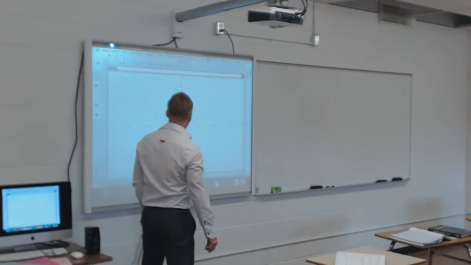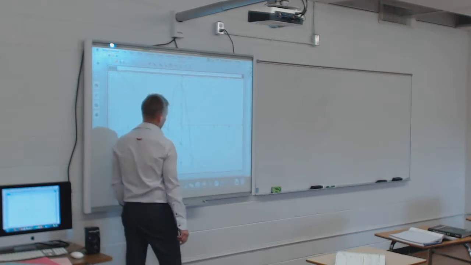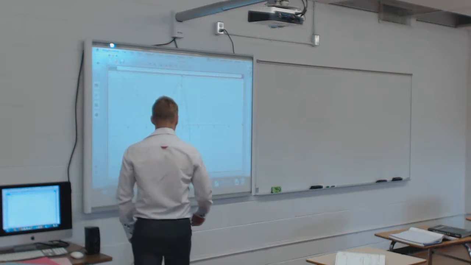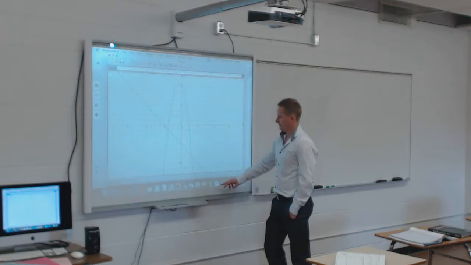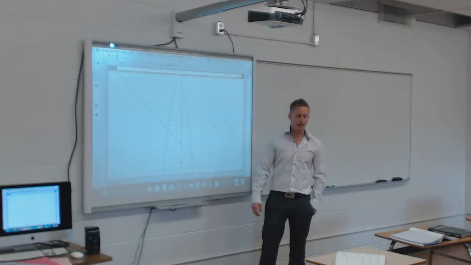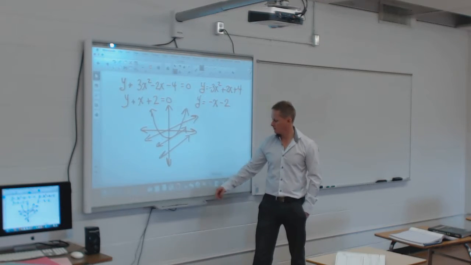Okay, so now I have two coordinates, one right there, one right there. Two solutions for it. So what are the solutions? We've got to find the intersection points. So do that right now, please. Negative 1, negative 1.